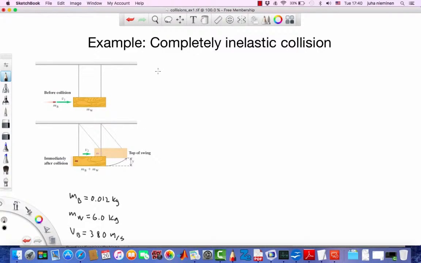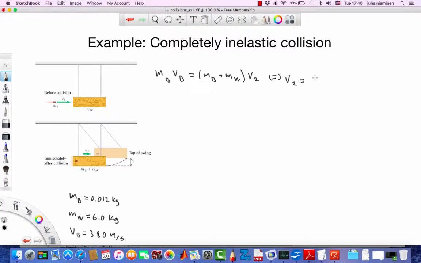But we can easily analyze what is the velocity of the block and the bullet after the collision, because momentum is conserved. So initially we only have the momentum of the bullet, m_b v_b, and that is transferred to the combination of the bullet and the wooden block, which has some velocity, let's call it v2, and that's simple to solve.